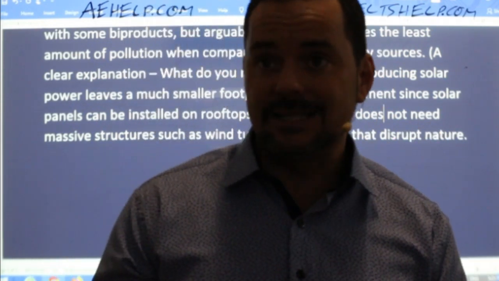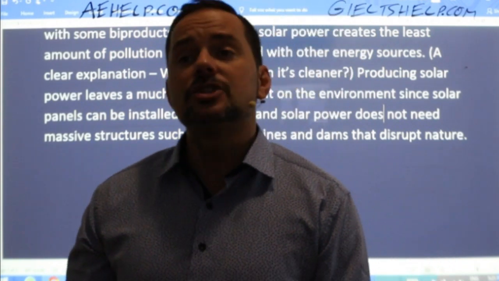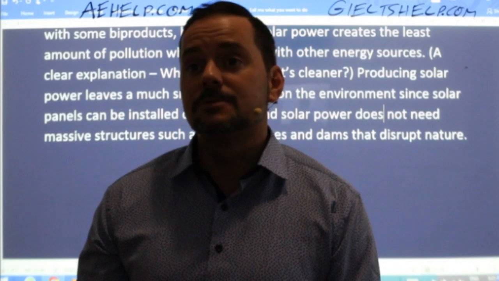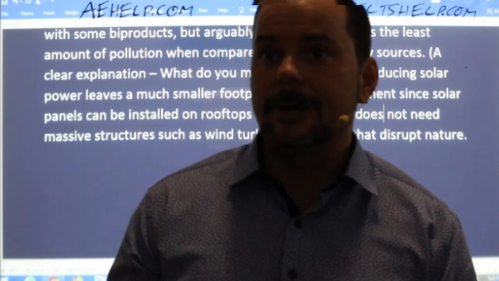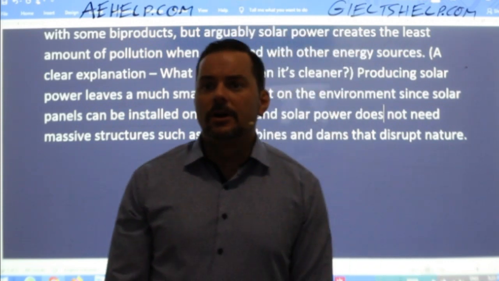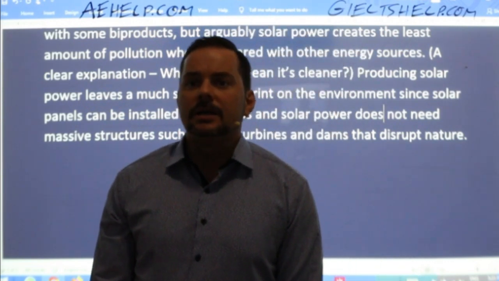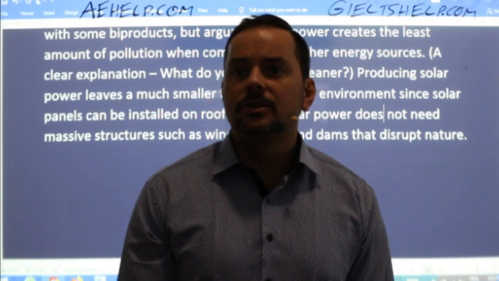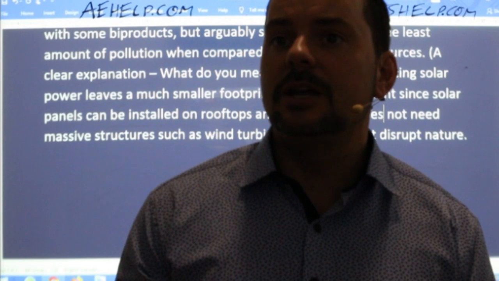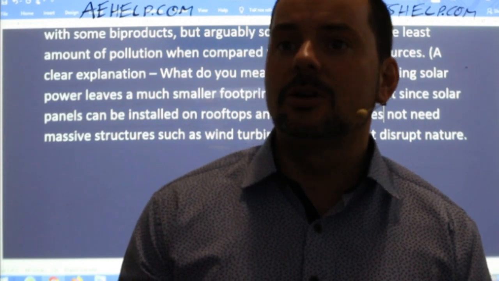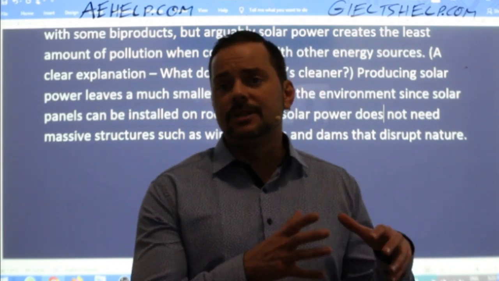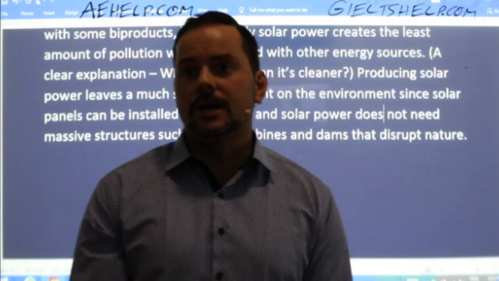Nice, complex sentence, Aster. All right. Rani says, solar power is considered the purest, most feasible, and easiest to generate on a wide scale compared to all other types of power. Rani, that's more in the introduction, that kind of information.